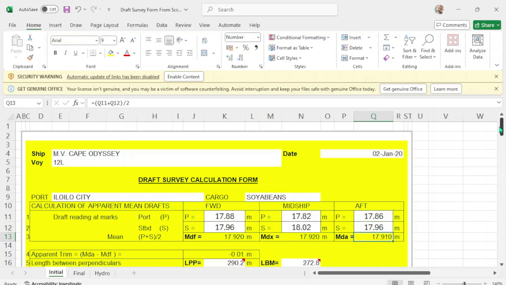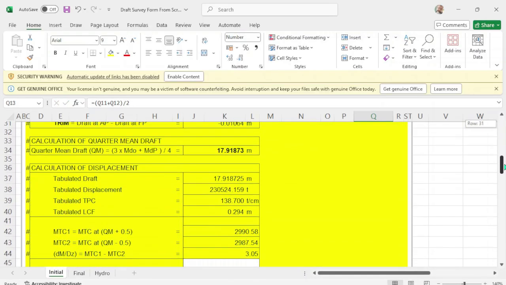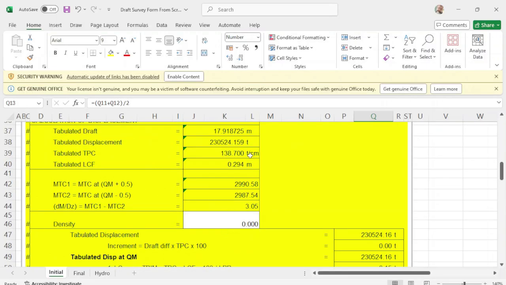Now you have now your displacement, LC, TPC, LCF, and your difference of MTC. This is 1.025. Okay, that is your initial.